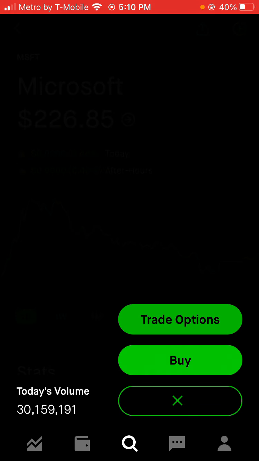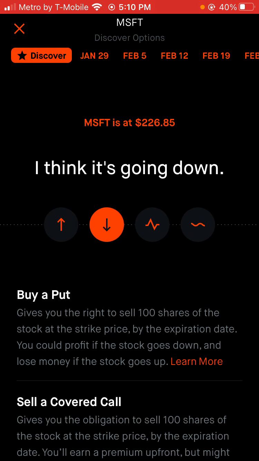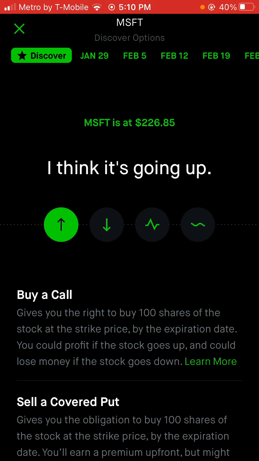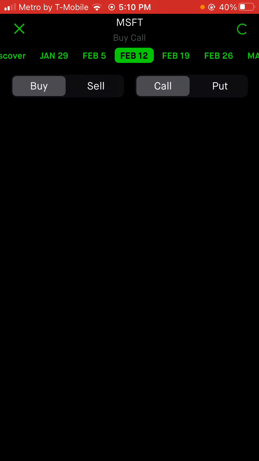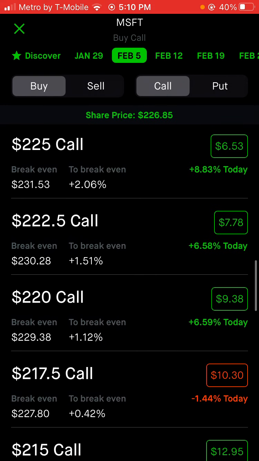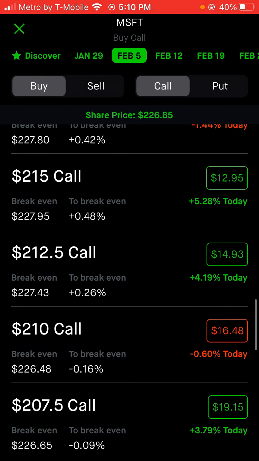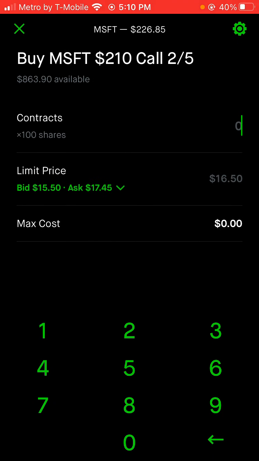See? Trade options. You think it's going up or down. Then you pick the expiration date you want. We'll show you. You look at this, you're not going to understand, but if you look at the middle, it says the share price right now is 226. I'll explain all this in a different video maybe. Because it's all confusing. Every one you pick is going to be a different price.